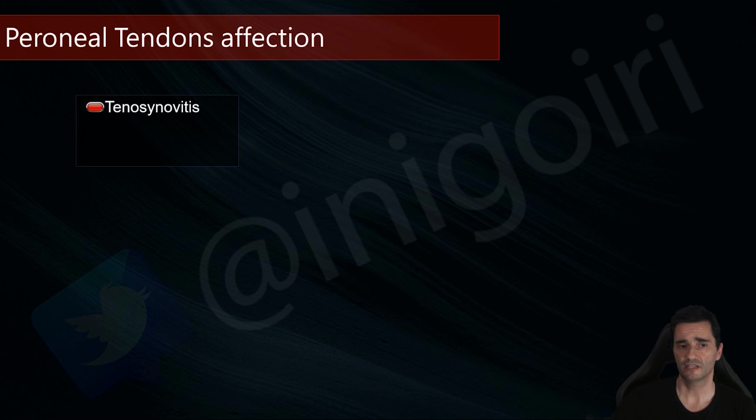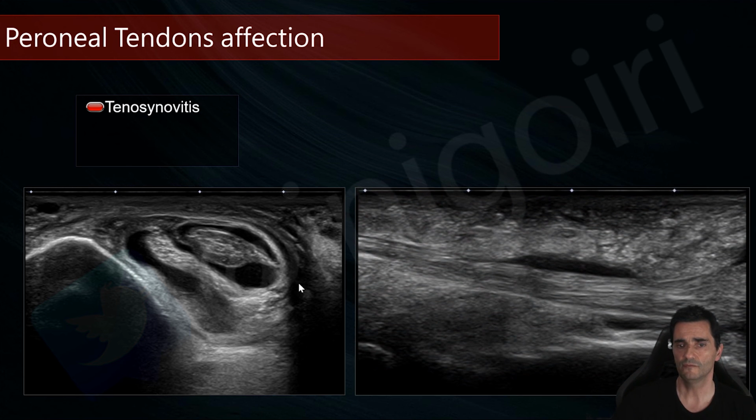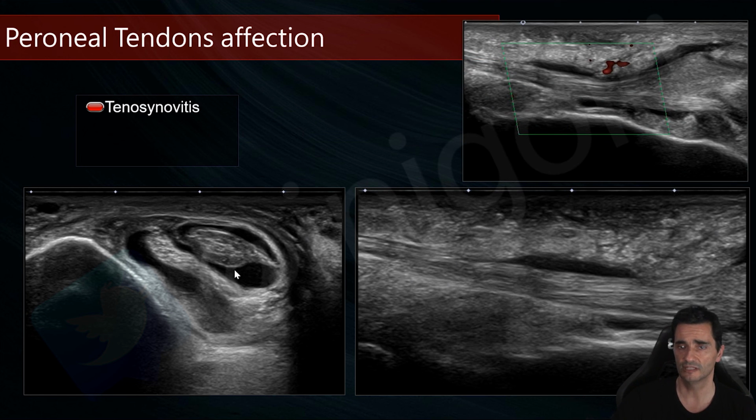And to finish, the peroneal tendons affection. Usually tenosynovitis is not so commonly related with the ankle sprain. So normally there are other pathologies with other mechanisms. But if we notice this kind of images with this liquid, this tenosynovitis, okay, the diagnosis is good, and you can check the tendons.